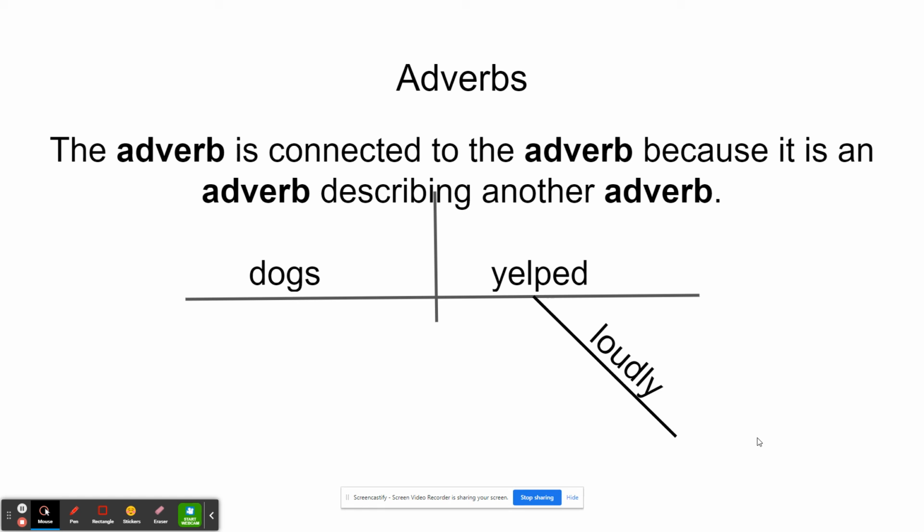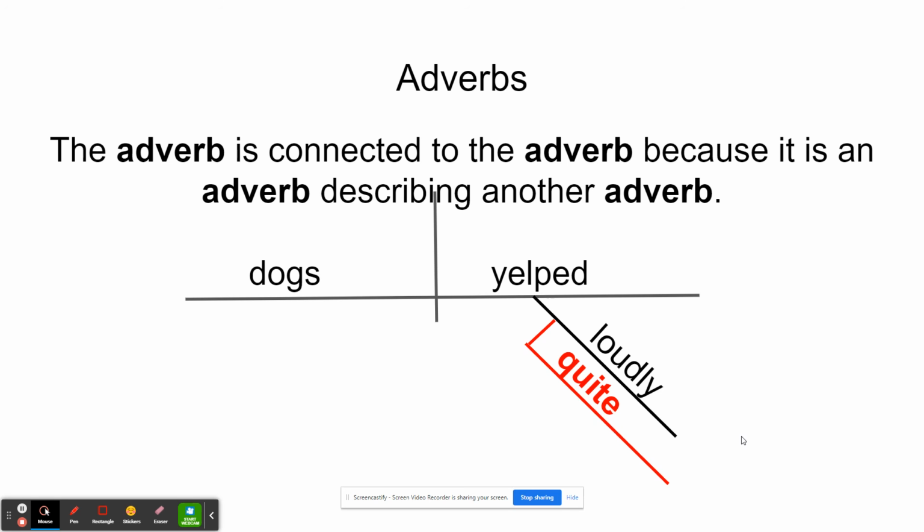Loudly. Loudly is an adverb describing or modifying the verb yelped. But scholars, how loudly? Quite loudly. Quite is an adverb describing an adverb. Quite describing loudly. So that arm comes off of loudly.